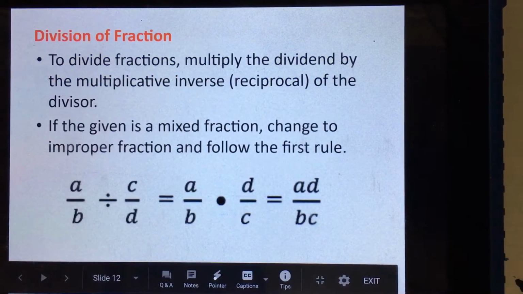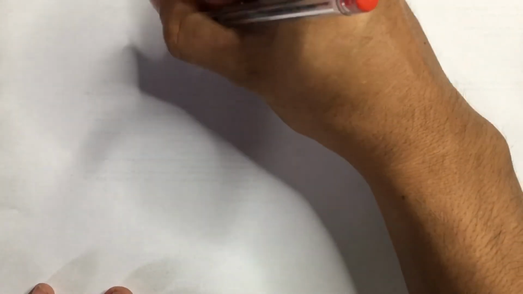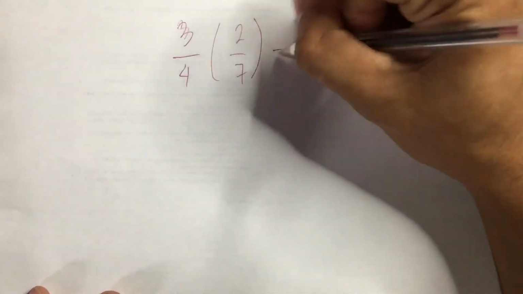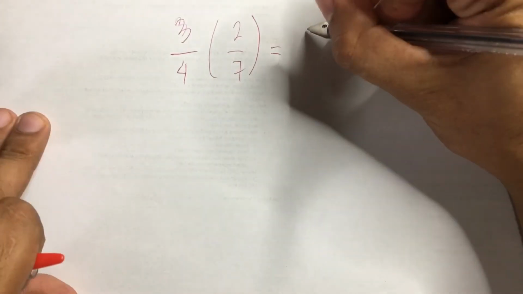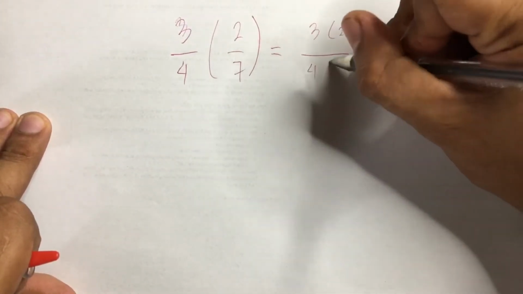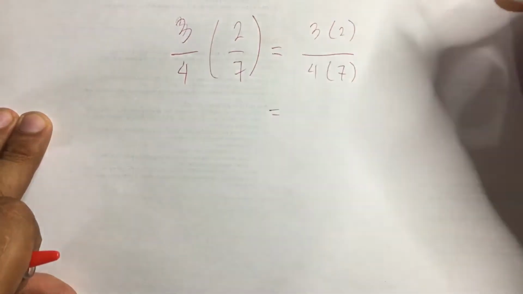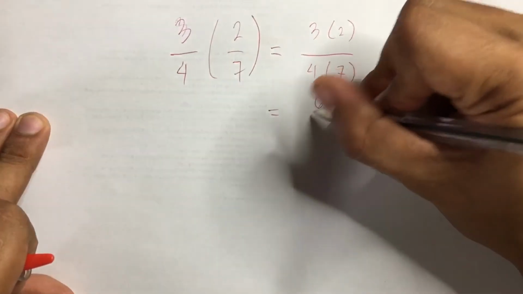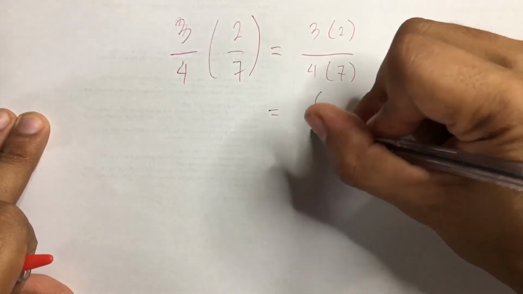Let me show you an example. I have here 3/4 times 2/7. Numerator times numerator, we have 3 times 2 is 6, and 4 times 7 is 28.